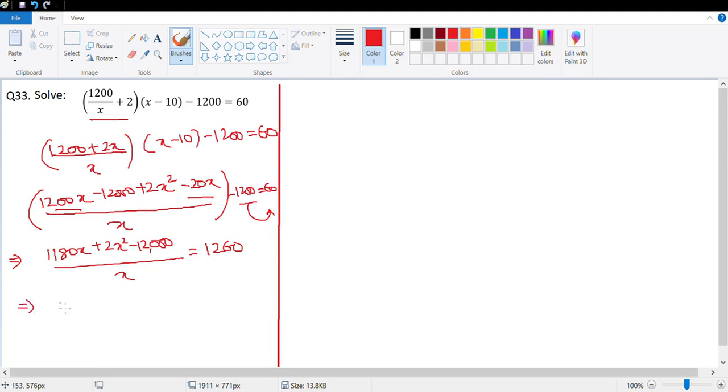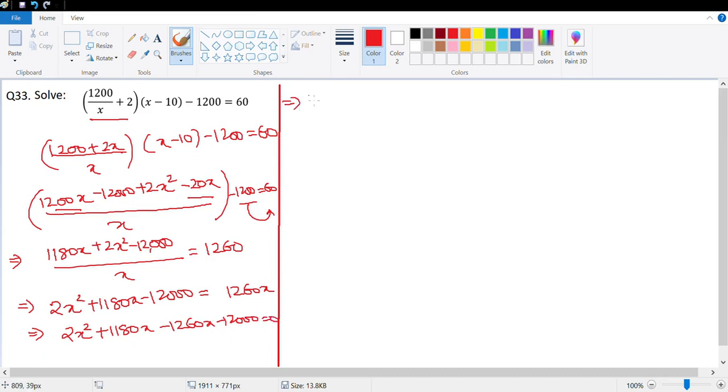So we have 2x squared plus 1180x minus 12,000 is equal to 1260x. Let's bring everything on one side. So we have 2x squared plus 1180x minus 1260x minus 12,000 is equal to 0. This gives us 2x squared, 1180 minus 1260, that's negative 80.